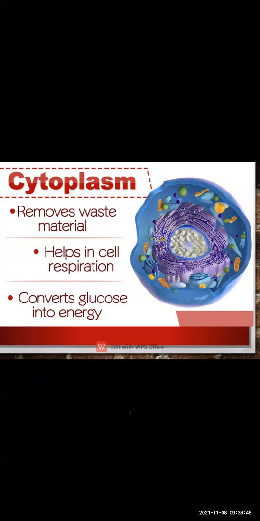And whatever food we eat is converted into glucose, and from glucose it is converted into energy. As I told you, the cell also requires energy. So mitochondria is one of the cell organelles which produces energy, and it is also known as the powerhouse of the cell.